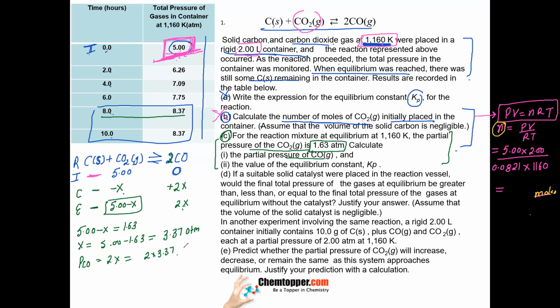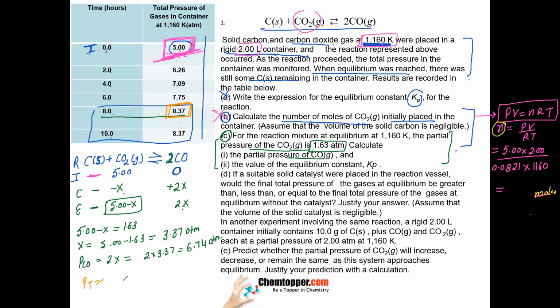Means you multiply this number by 2. And there is one more way of solving this question. Anyone else? One more way. Is P total given? At equilibrium, P total. What is P total at equilibrium?